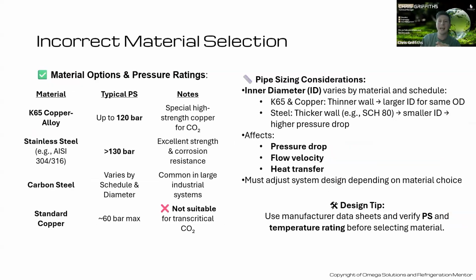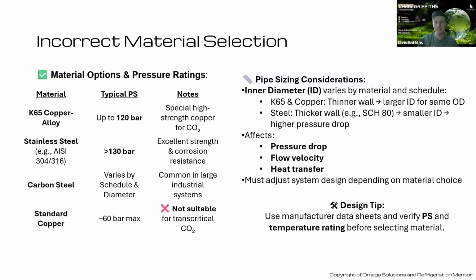So I've got a quick selection of pipeworks here where they're appropriate. So K65 is the material you'll tend to find on refrigeration systems, particularly for the suction and liquid sides. They'll work up to 120 bar, providing you specify that type of K65. Stainless steel, very, very good across a whole range, very expensive though.